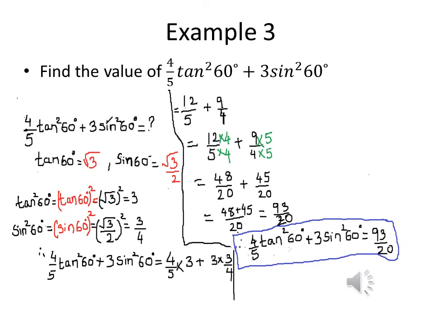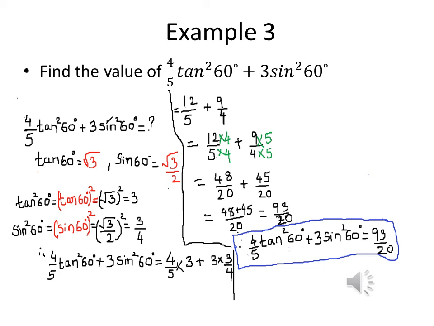Let us now learn to solve an example based on the values that you have learned. We have an example in front of us. 4 upon 5 tan square 60 plus 3 sine square 60. So what we do is we first write down the value of tan 60, which is root 3, and sine 60 as root 3 upon 2.